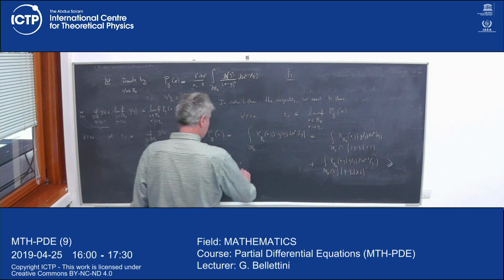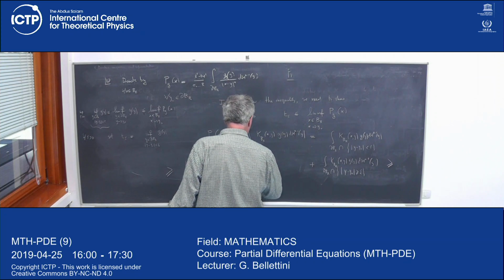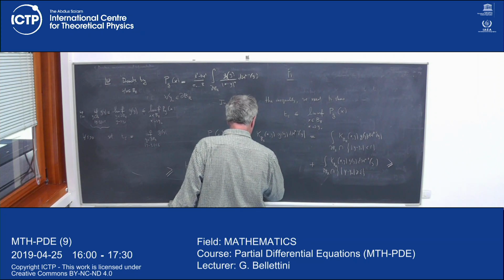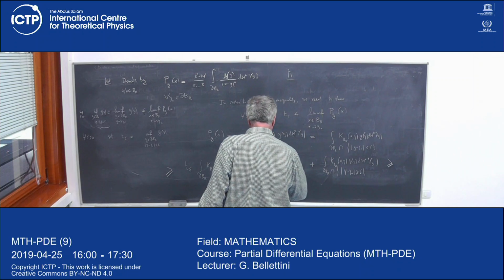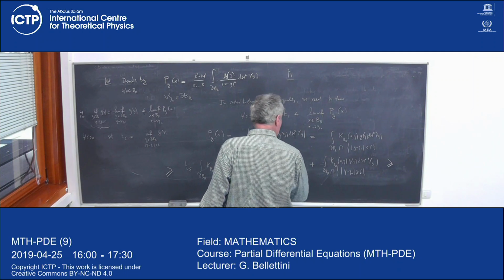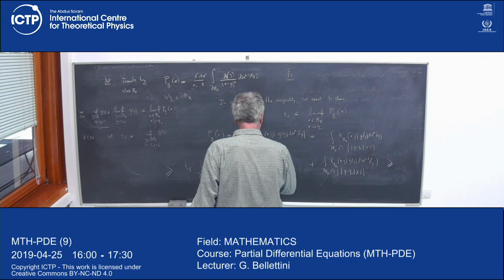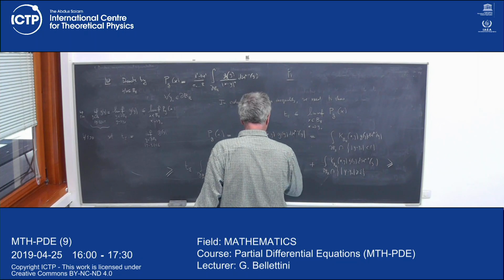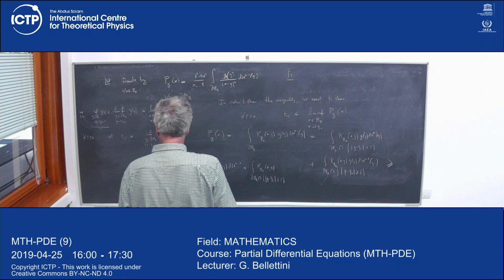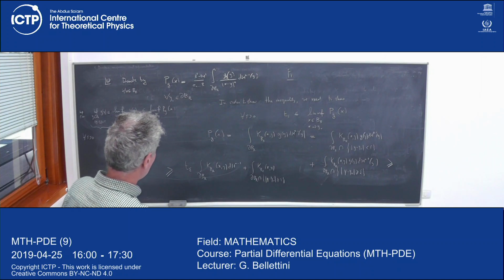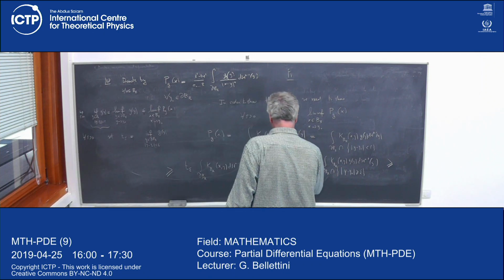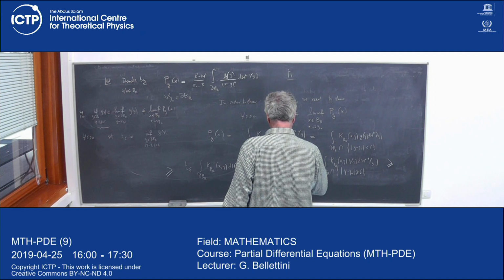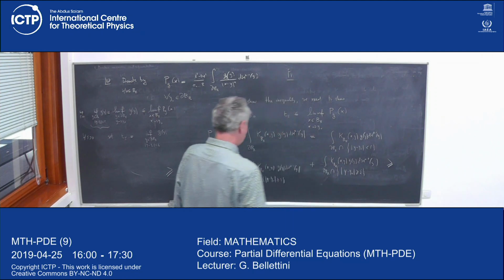Then I rewrite the same. I don't modify the second integral. Just work on the first, close to the singularity point, say y naught. In some sense, the kernel k of x, y, g of y, dh of y.